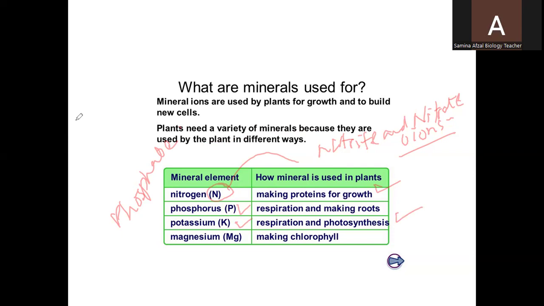And also for the opening and closing of stomata, the potassium ions also play a very important role. Then magnesium ions, they are used for the formation of chlorophyll. So these are the different minerals which are used by the plants. So they should be provided on a regular basis to the plants.